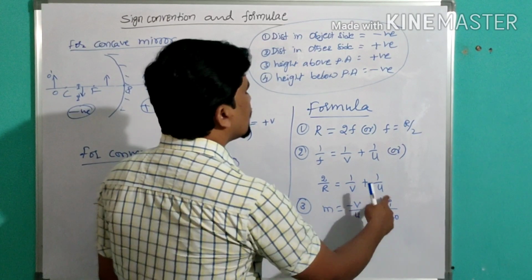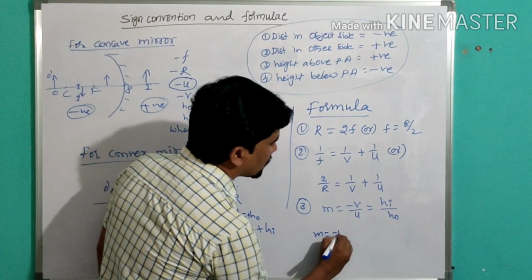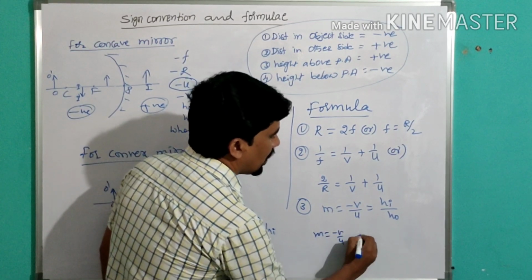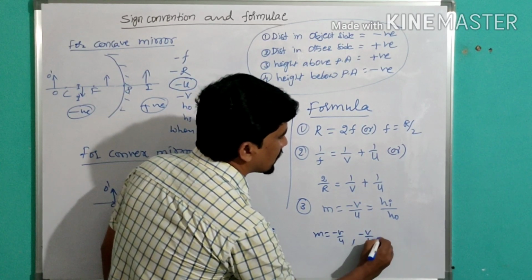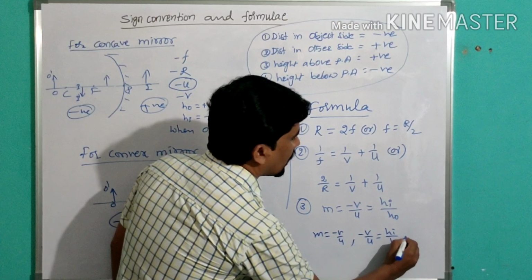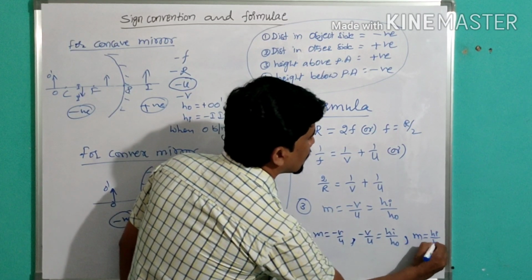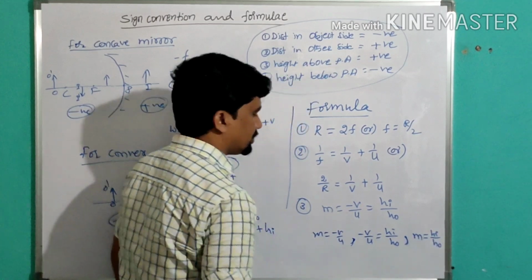Indirectly there are three relations: M equal to minus V by U, or minus V by U equal to HI by HO, and also M equal to HI by HO.